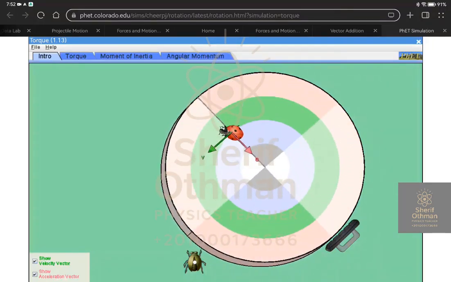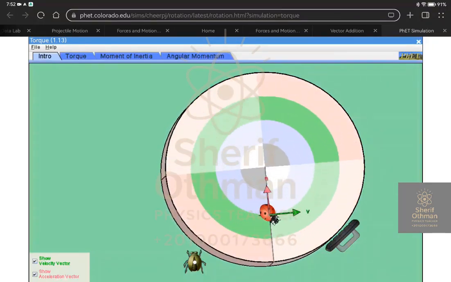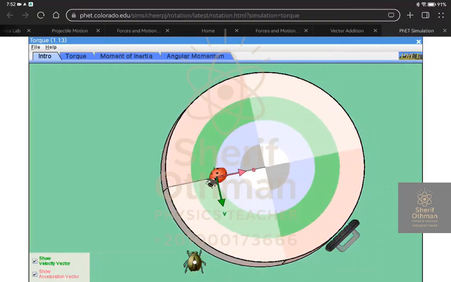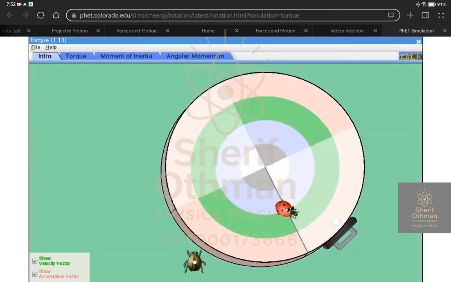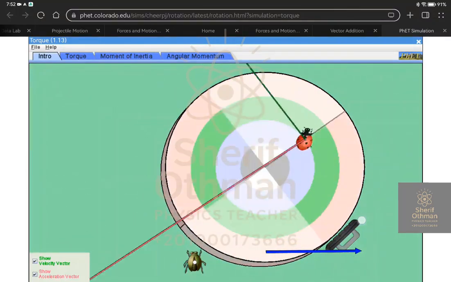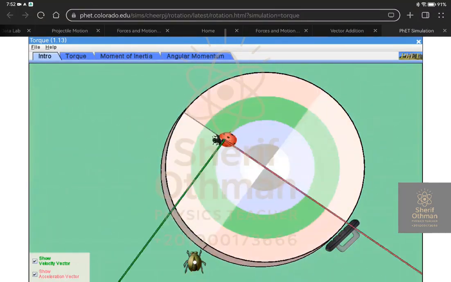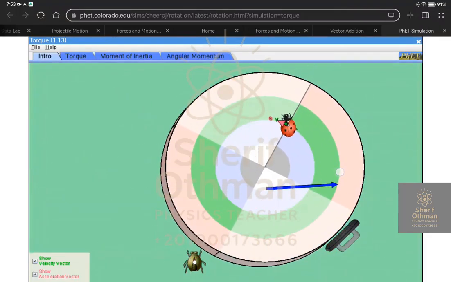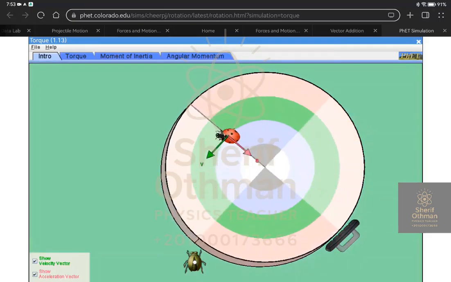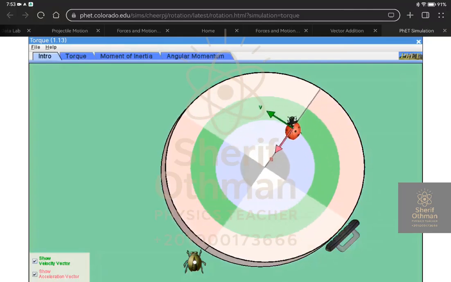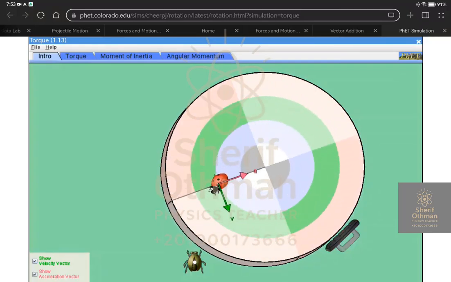Oh, the speed of rotation decreased. If we apply the same value again, here it's going to rotate very fast, while applying the same value near the center, the speed of rotation is lower than in the previous figure.